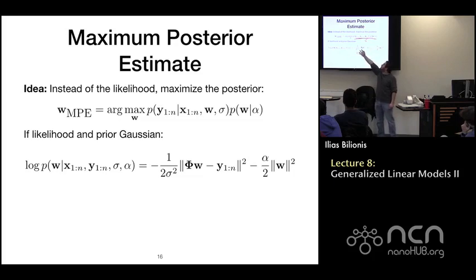So this basically comes from your likelihood, but there is an additional term that comes from the weights. Okay? So you have the term that comes from the likelihood and the term that comes from the weights. So if you make alpha equal to 0, corresponding to a completely flat prior, you get maximum likelihood. Okay, now you see how everything is connected.